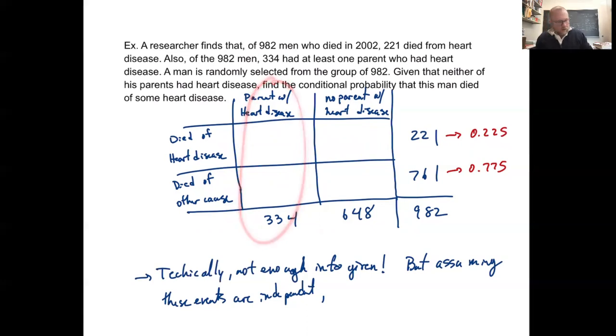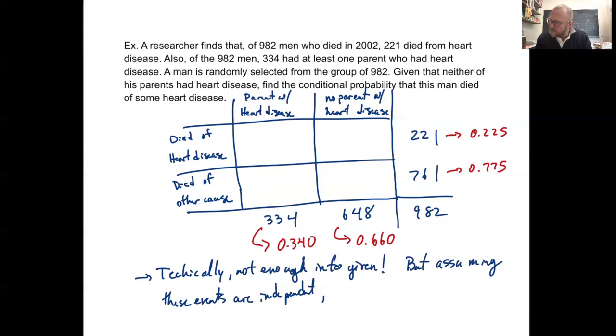And then for the parent with heart disease, divided by 982, that one we're getting 0.340, which would mean that this other one ought to be 0.660. Those are approximations. So if those things are independent, then we can multiply in order to get any of these.